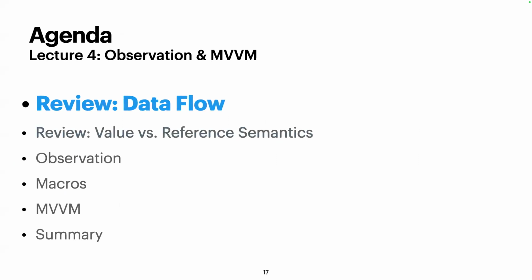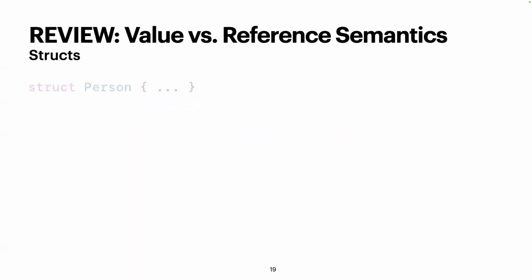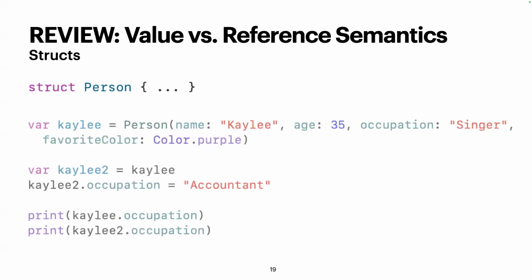Okay. All right, we're going to run through this really quickly. Hopefully you have a good understanding of what value semantics versus reference semantics are. Structs conform to value semantics. What this means is that whenever I assign a new variable to a struct, or pass a struct instance as an argument into a function, it gets copied.